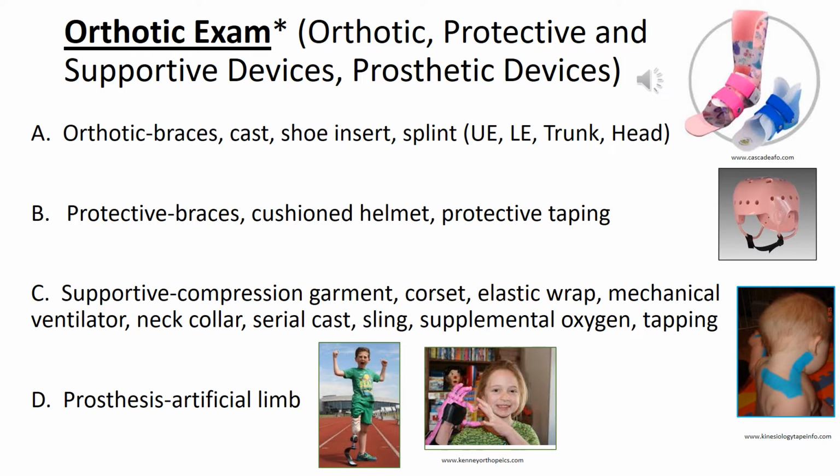So you want to know if they use it, and if not, why. Maybe it doesn't fit, maybe it was causing skin breakdown, maybe it needs to be adjusted. There could be lots of reasons for that, but those are part of the pieces of information that you're going to want to have. Does the child need assistance in donning and doffing that device, or are they independent? Those are the pieces of information that you'd like to get additional information on.